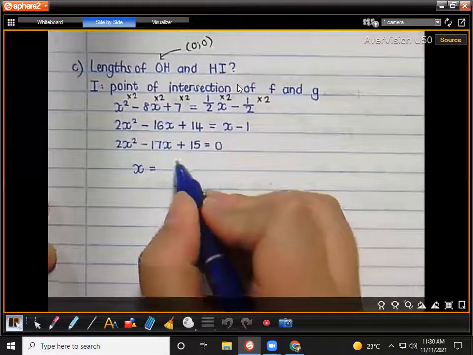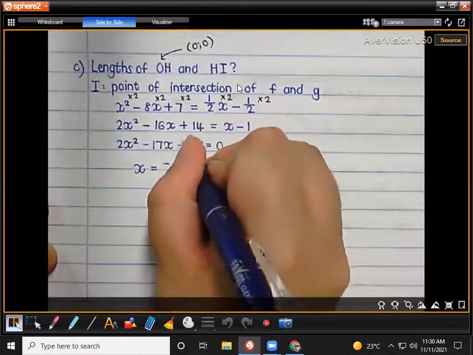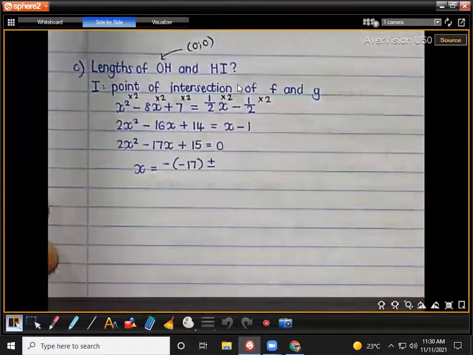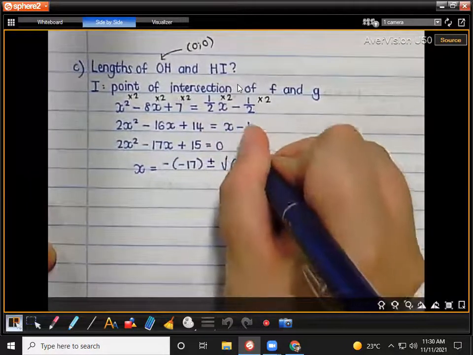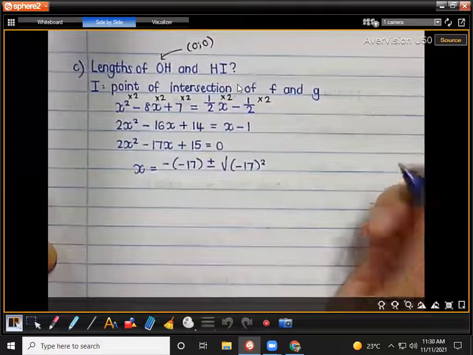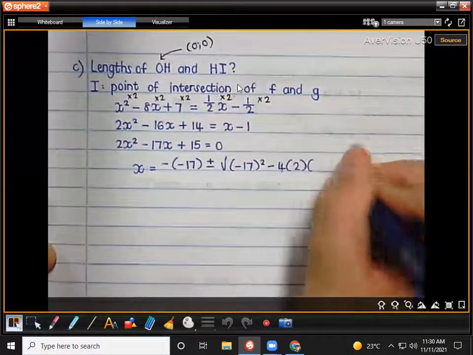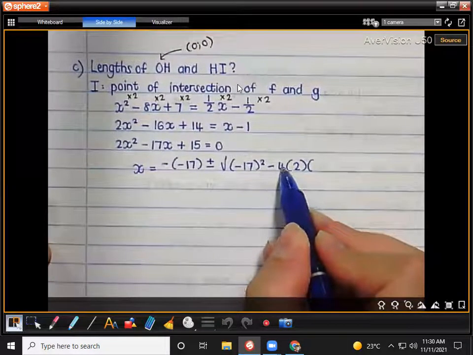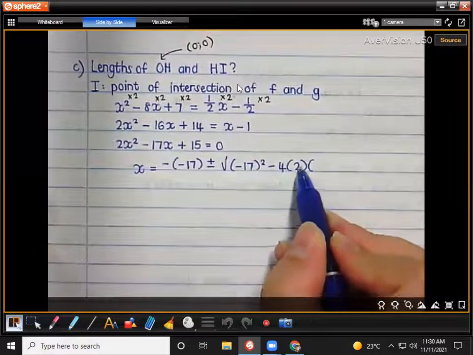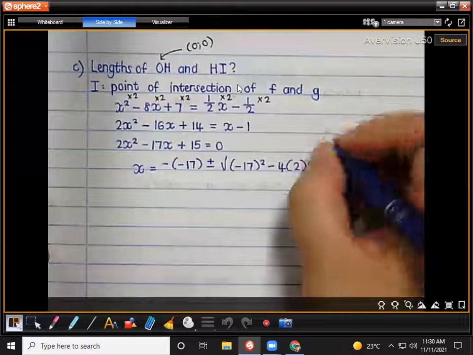All right. Negative b, so negative 17, right? And guys, it's important, remember, whenever you're using the quadratic formula, you write this step down. Plus or minus the square root. Sorry? No. If it helps you, though, to write it down properly, then, I mean, it's a good idea. But no, you won't get a mark for it. Okay, then the next term is minus 4ac. So a is 2 and c is 15.